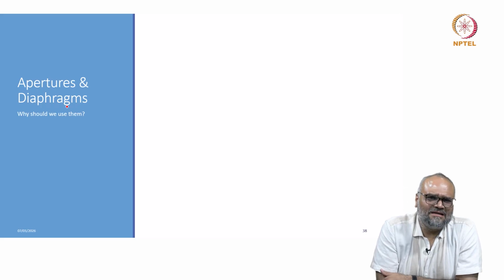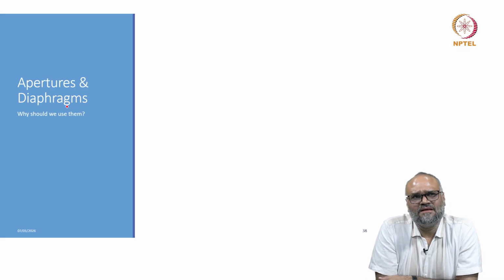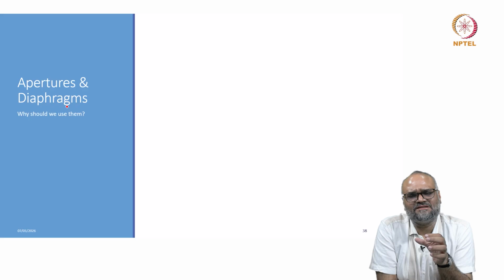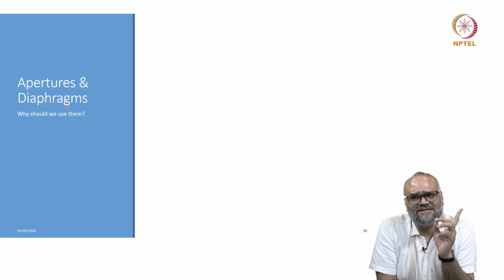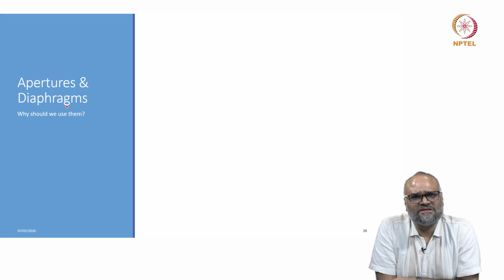Or if I allow the higher order scattered electrons to not go through and form an image, I can improve the contrast. Also, when I use the aperture to form a probe, the size of the aperture is actually controlling my convergence angle of the probe. This in turn has an effect on the resolution in STEM mode. So apertures are quite important.